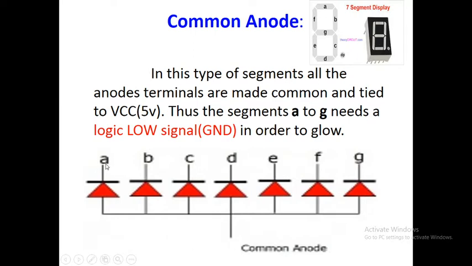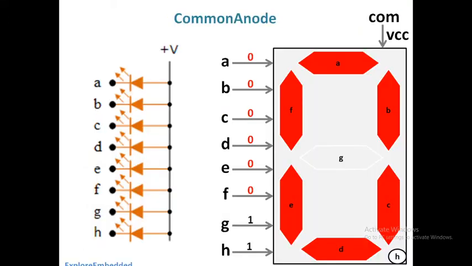Whereas when the controller sends 1, this end is 1 and the other end is also 1, so both are equipotential, current will not flow, and the LED remains off. In this fashion, 1 is off and 0 means on. This is the condition for common anode, which is exactly opposite of common cathode.